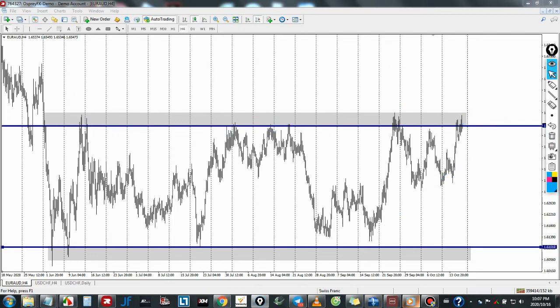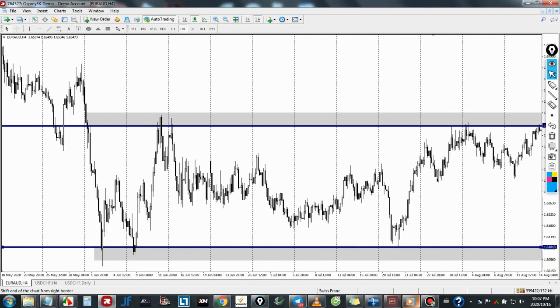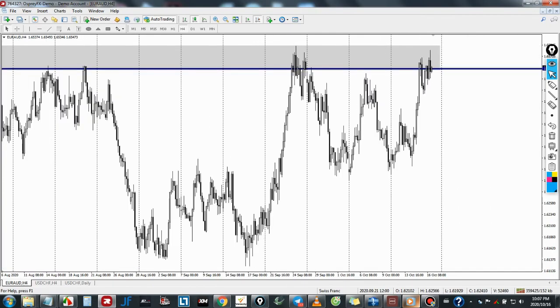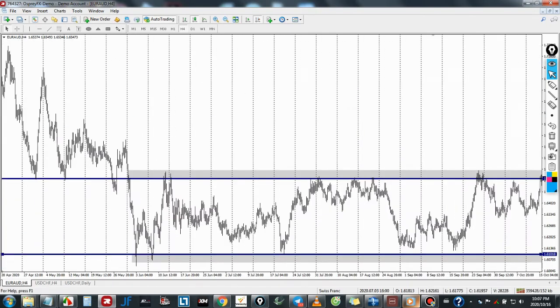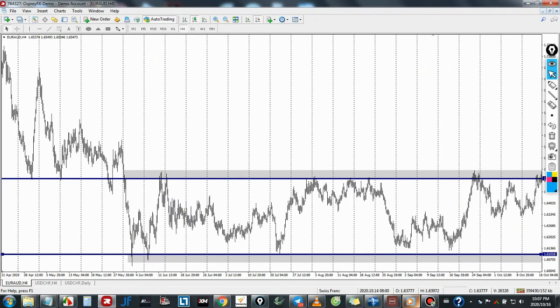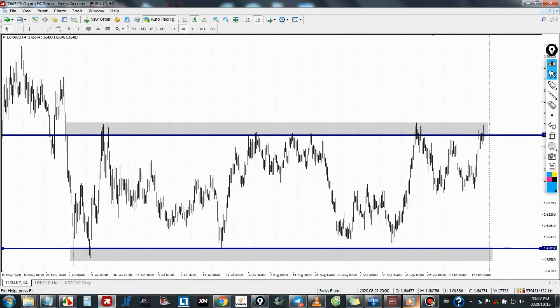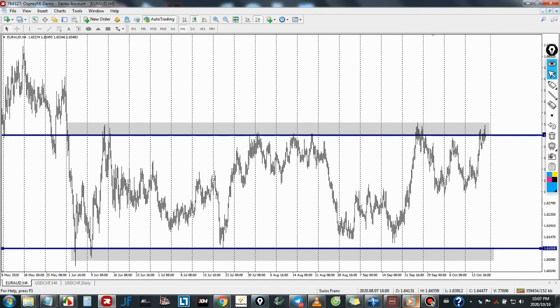So now I'm not expecting this thing to go down. Nevertheless, I'm not saying it cannot go down. It can go down, especially when the preceding trend is going down. So remember, if the preceding trend is going down and then you found a range, then it's better to sell than to buy.